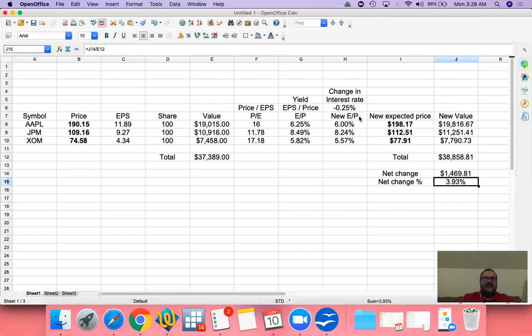Again, obviously when the Fed decreases the interest rate by 0.25%, they decrease it because they are cautious about the economic growth, and there's an expectation of a recession. Now, that expectation alone will create pressure on stock prices because an economy in a recession will have a negative impact on revenues, and therefore overall income, and therefore overall earnings per share.